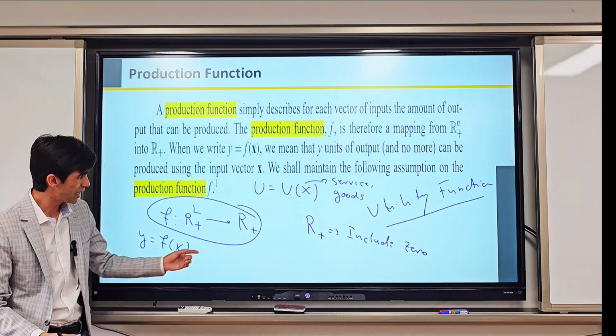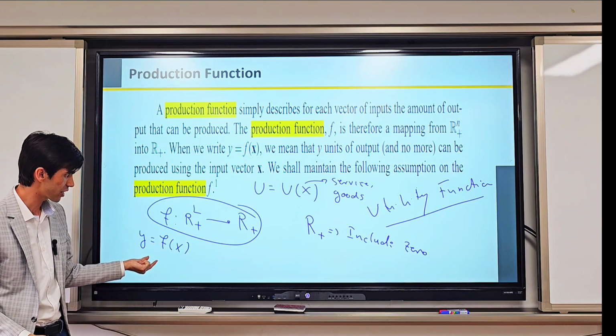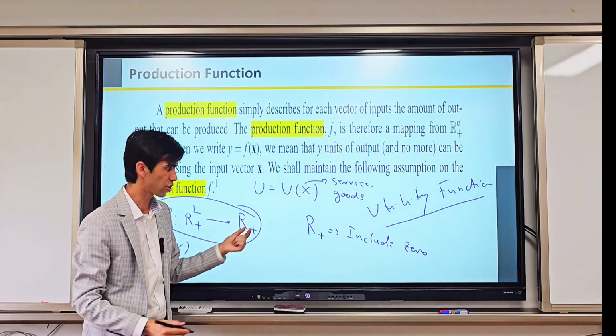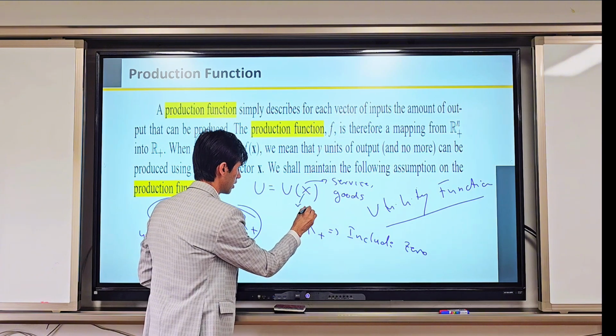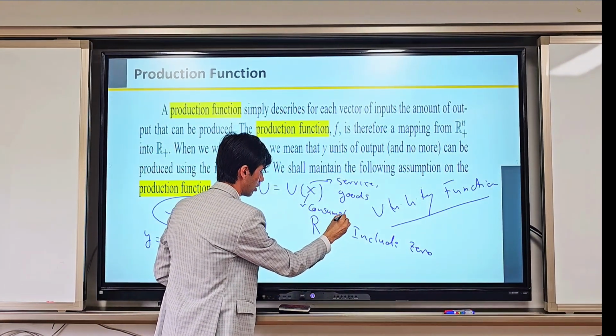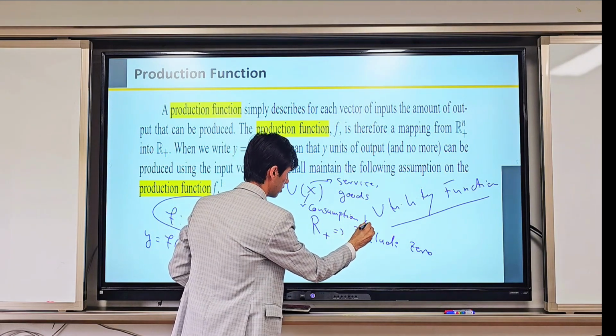The difference between the utility function and the production function: in the utility function, the element x is our consumption bundle.